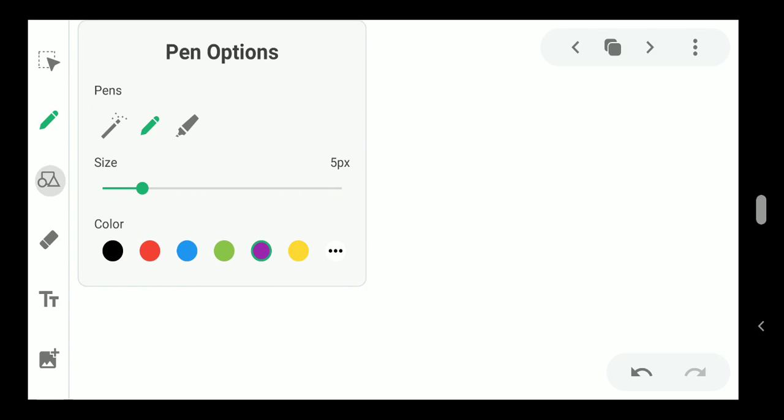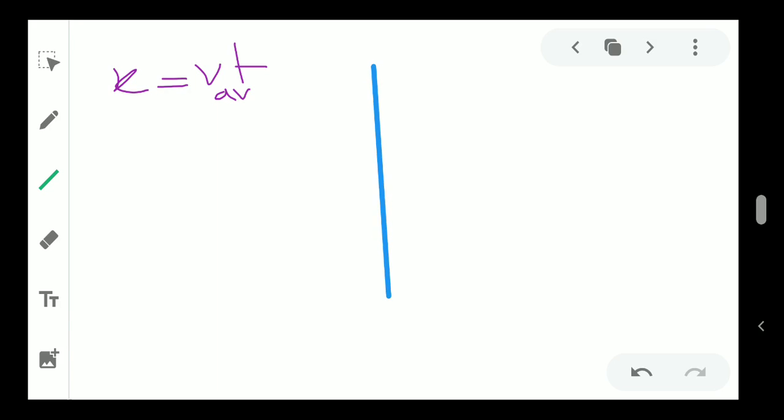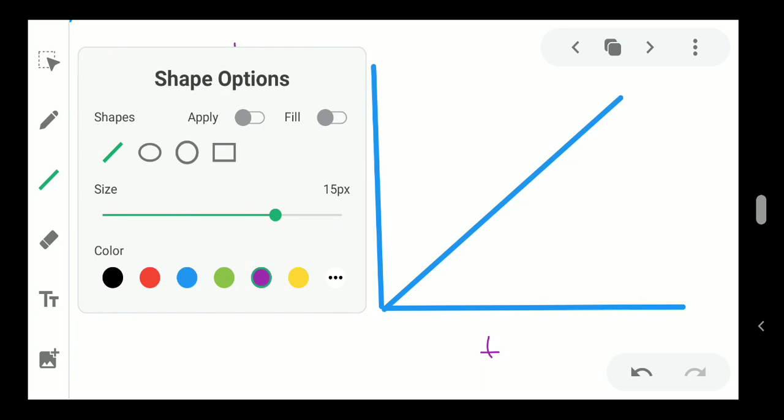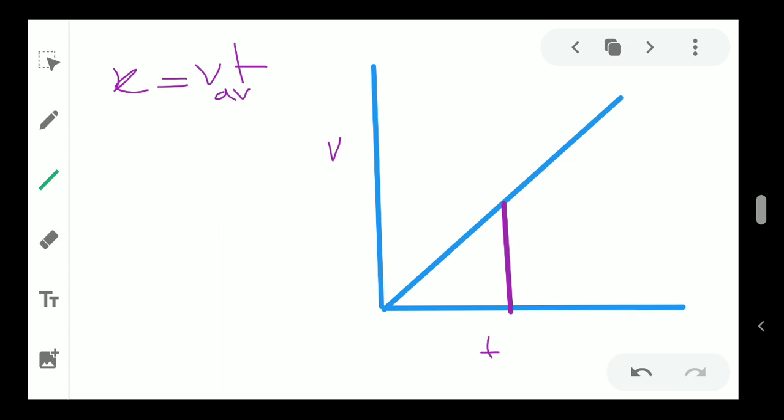Let me draw nicely. So these are my axes, and this is my graph, this is my v, this is my t, and I want to know the distance covered from this time to that time.